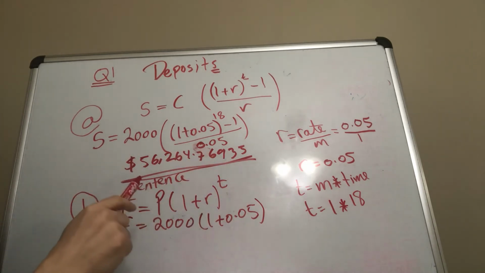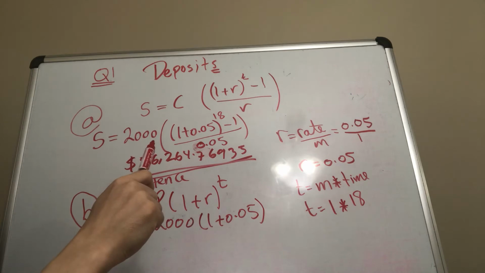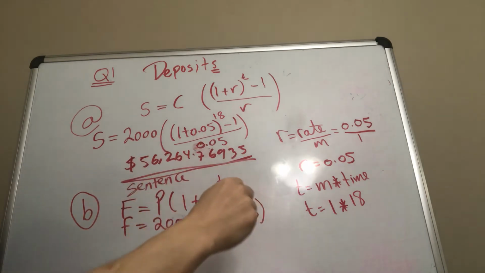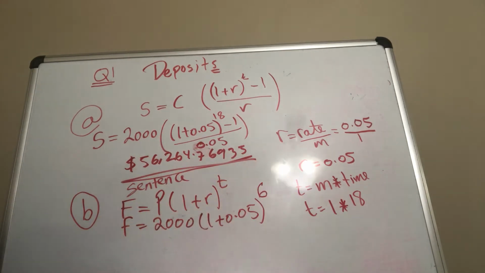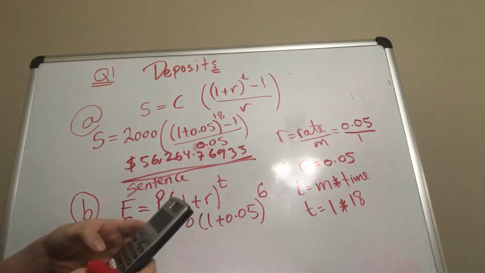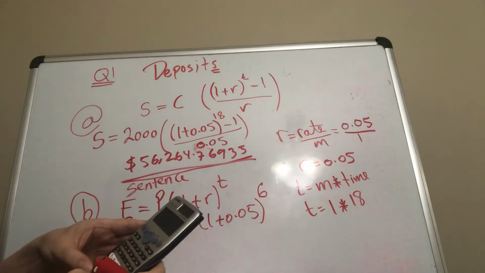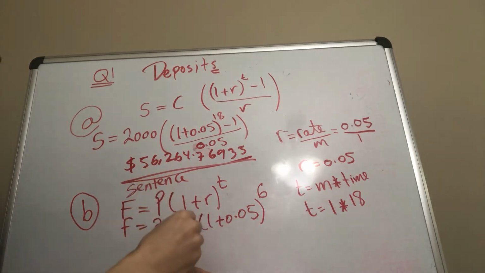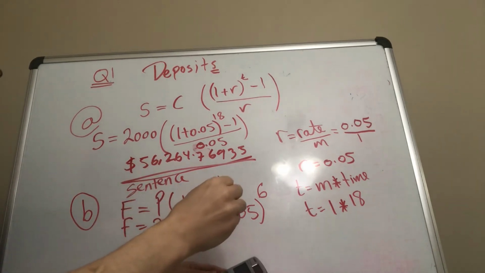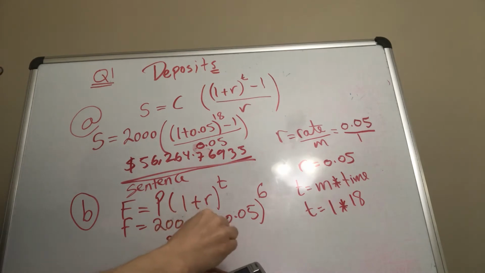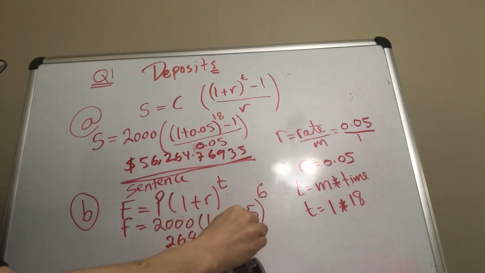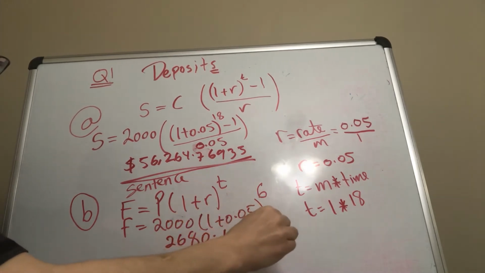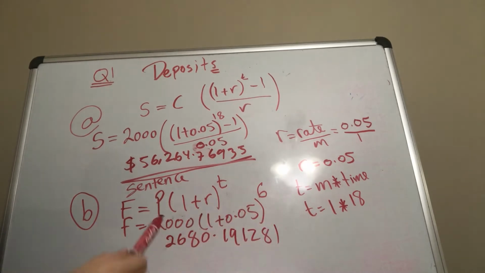So this 2,000 would have been invested from 12 to 18, over 6 years. So you put that in the calculator again. That tells you that the contribution of this 2,000 is actually 2,680.191281.